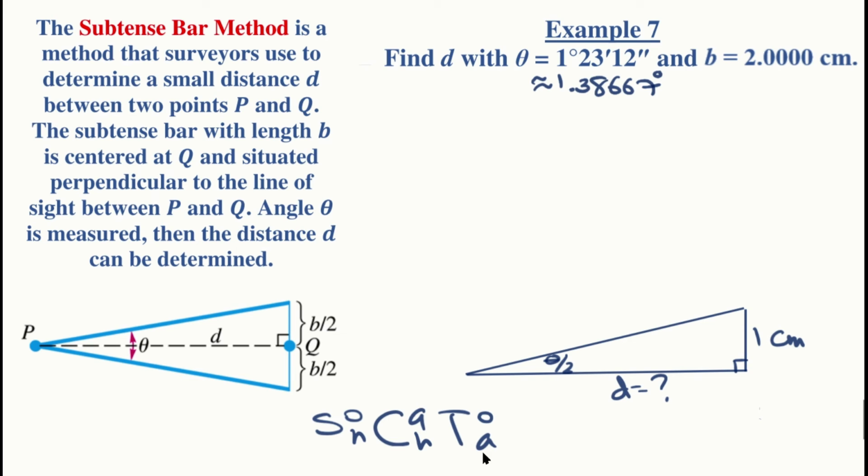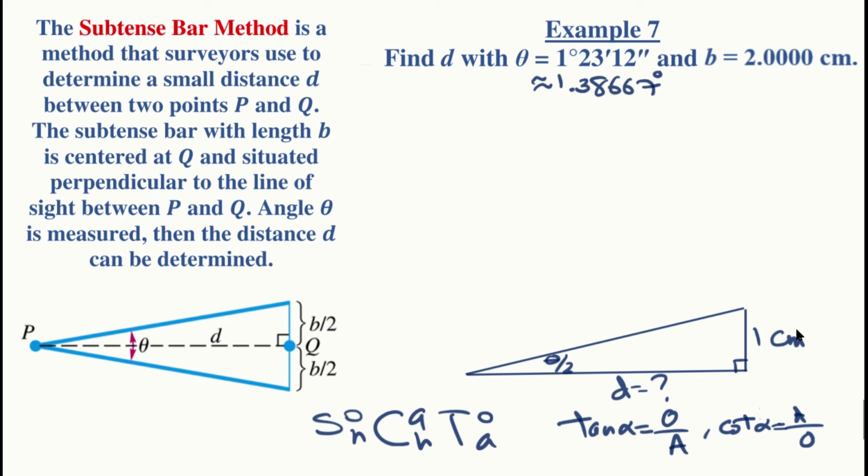But since we're looking for the adjacent, it might be easier if we use the cotangent. Remember that the tangent of a given angle alpha is opposite over adjacent, but the cotangent is adjacent over the opposite. Since I'm solving for the adjacent side D, it might be easier if I have it on the top.